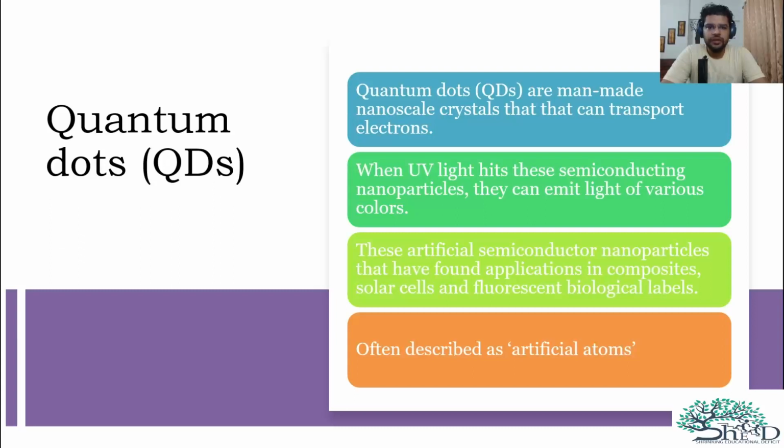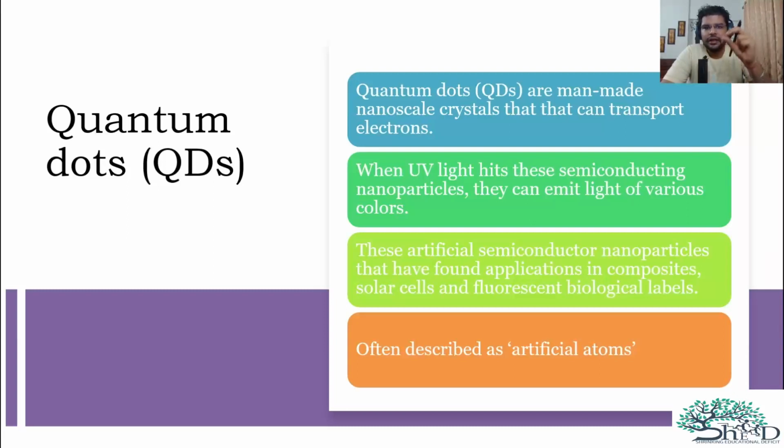So the first of these applications is quantum dots. These are small crystals, basically nanoscale crystals, in which you can transport electrons. And how can we use this? Basically, these things are used as indicators, or they can be used as light emitters.